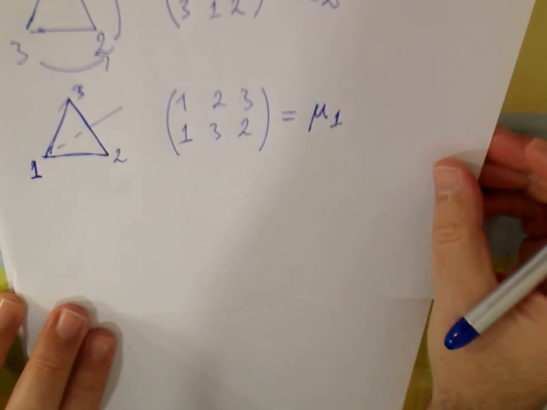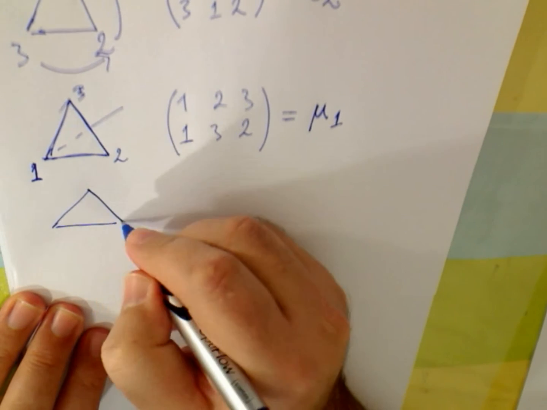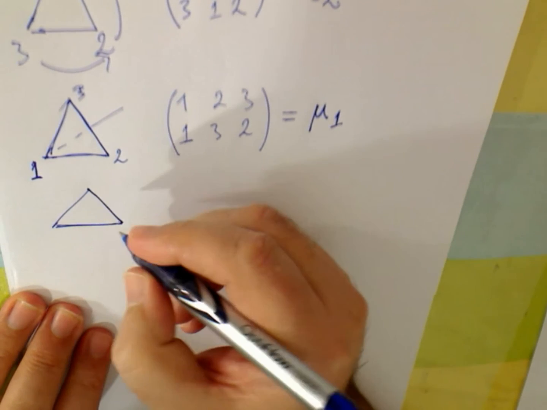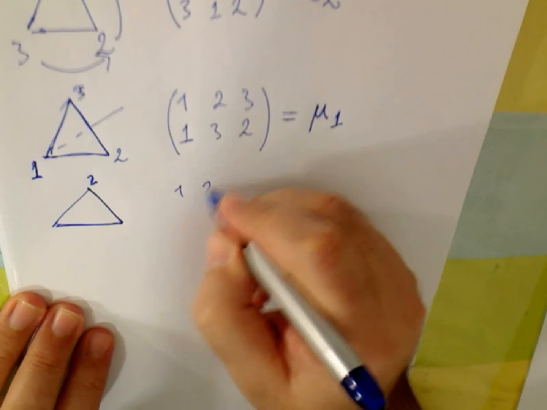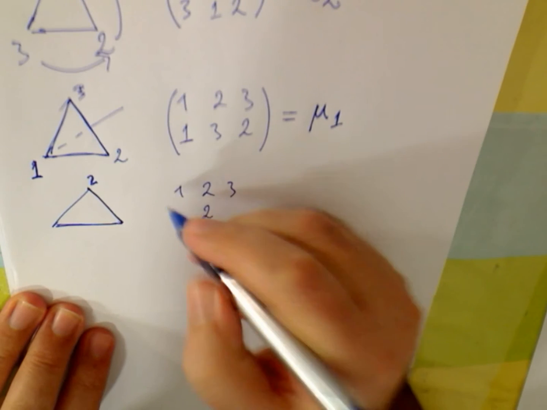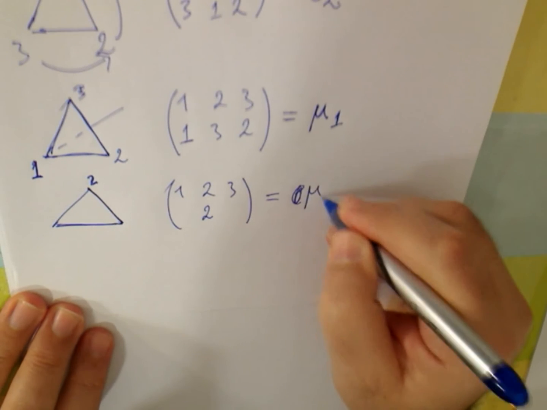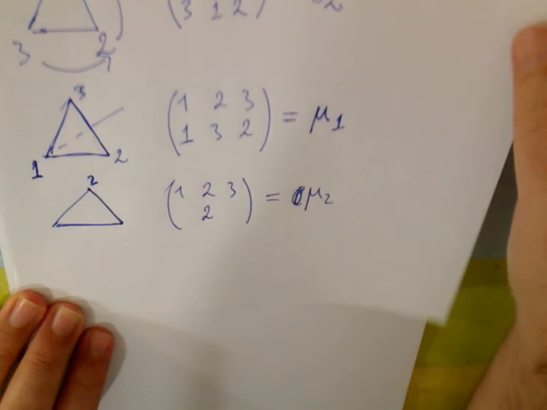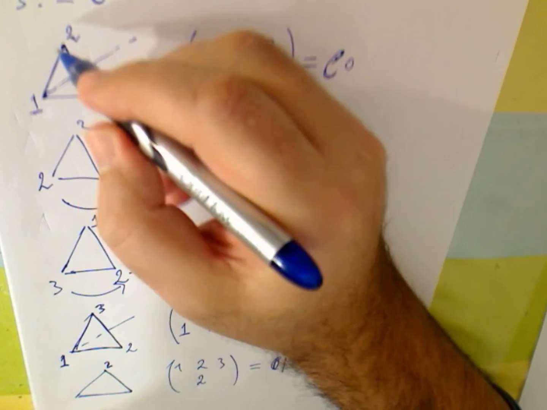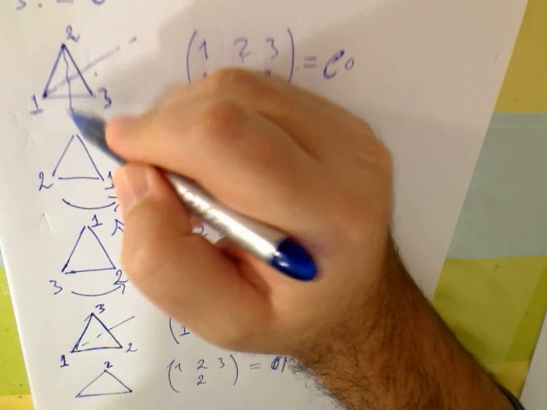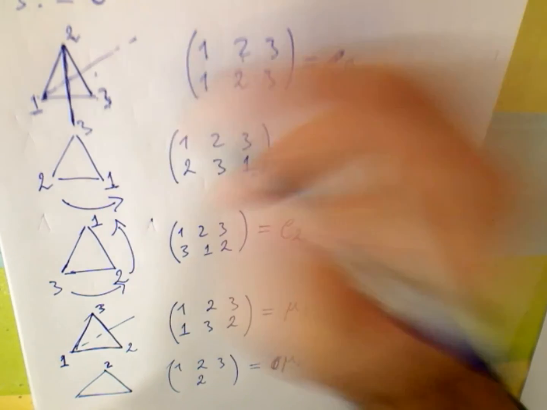More or less I'm going to do the same operation now, but this time I'm going to keep 2, and this will be mirror 2. I'm going to switch 1 and 3 to mirror them through this line.